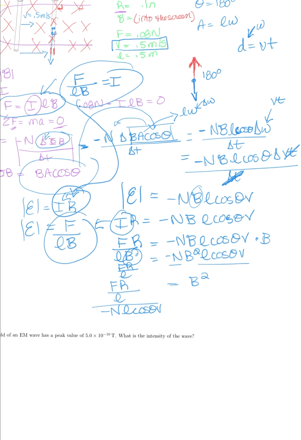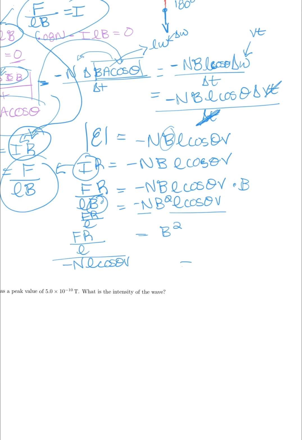Okay, so what do we really have? We have F times R divided by negative N L squared, because these are both in the denominator, cos theta V equals B squared.